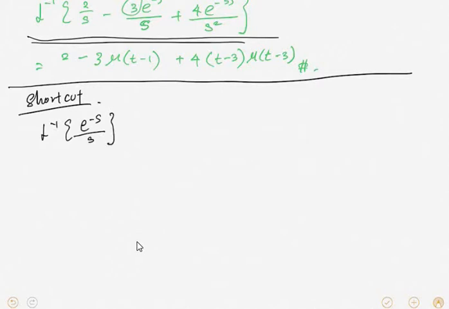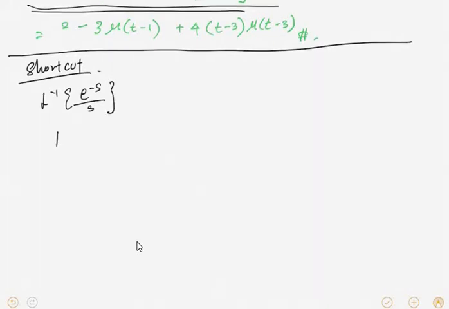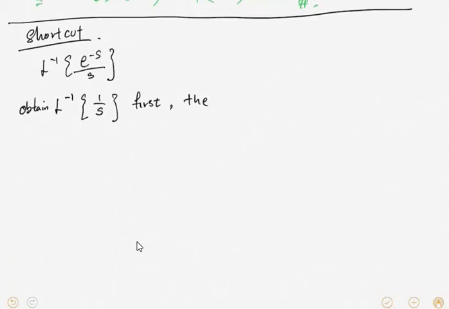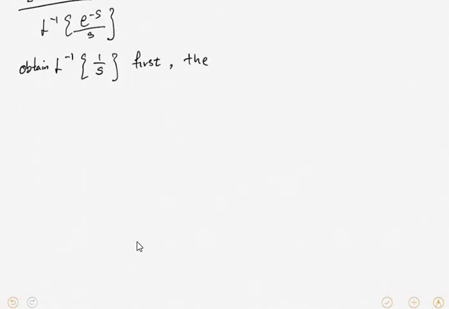First of all, we do the inverse Laplace transform of 1 over s, then we consider the exponent negative s.